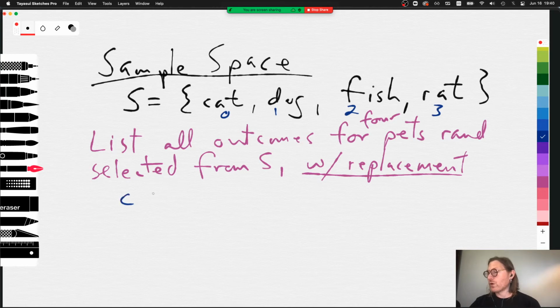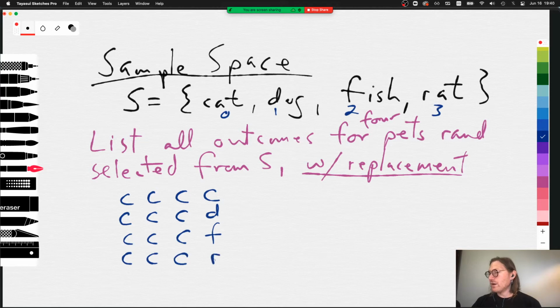Then our first four place number is going to be cat, cat, cat, cat. Our next number is going to be cat, cat, cat, dog. Then cat, cat, cat, fish. Cat, cat, cat, rat. Once we get to rat, we're going to need to turn that rat back over and increment cat over to dog. So what we get then is cat, cat, dog, cat, right? I'm not going to write all these out, but I just want to show that this is like counting.